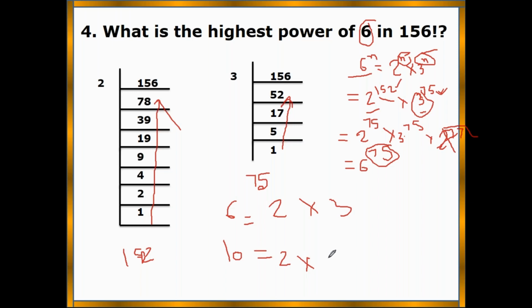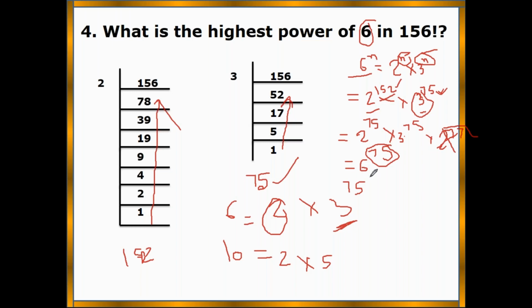So whenever a number can be written as 2 into 3 or 2 into 5, always the smaller number 2 has the higher power and the larger prime number has the lower power. The lower power is the answer.